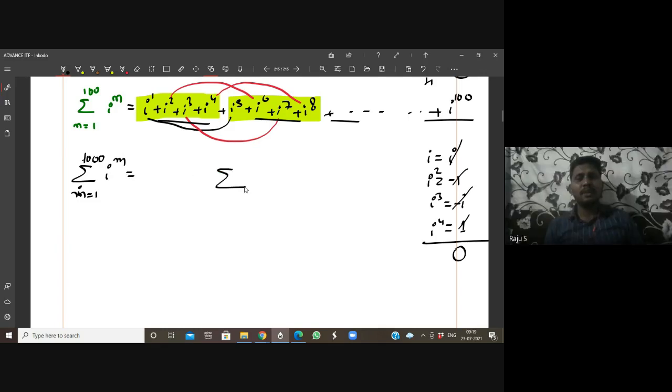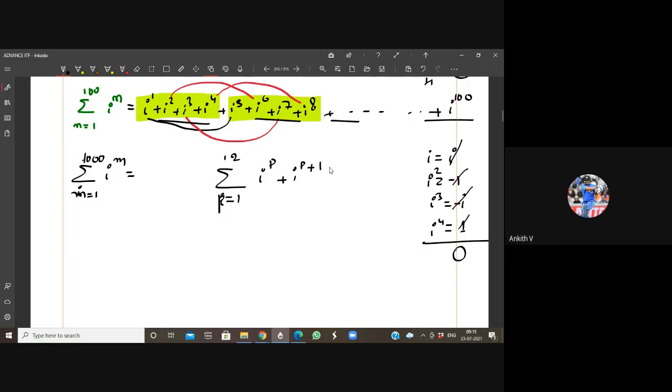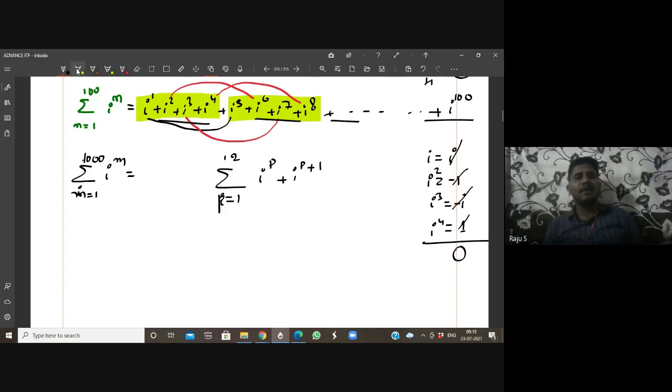And in case I ask the summation p equals 1 to 12 of i^p plus i^(p+1), in this case it is 0. You can write separately: summation 1 to 12 of i^p plus summation 1 to 12 of i^(p+1), continuously 12 values.